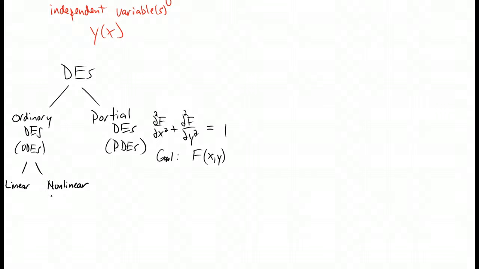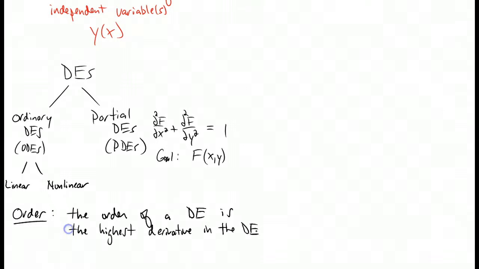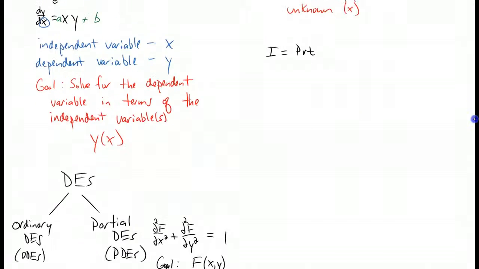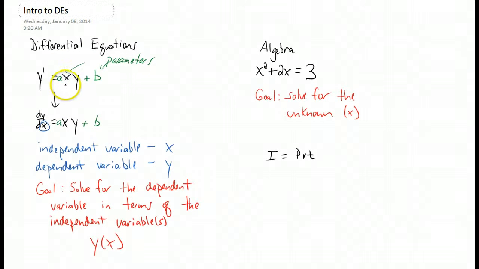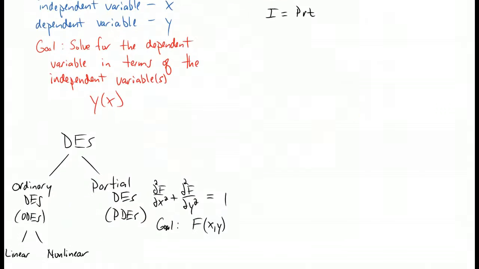But there is one little piece of vocabulary I want to tell you about in this video because it's really simple. Order. The order of a differential equation is the highest derivative in the differential equation. That might not be the best definition, but if we go back up to the very beginning, we had a differential equation up here. What's the order? Well, we only have one derivative, a first derivative in this problem, so it's a first order differential equation.